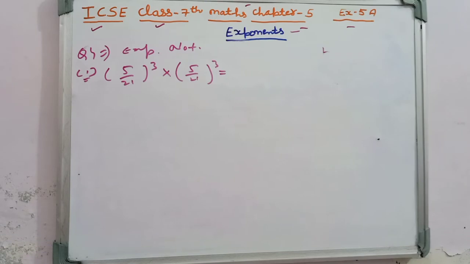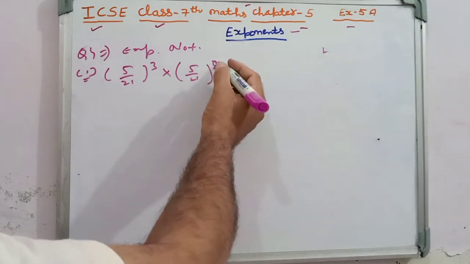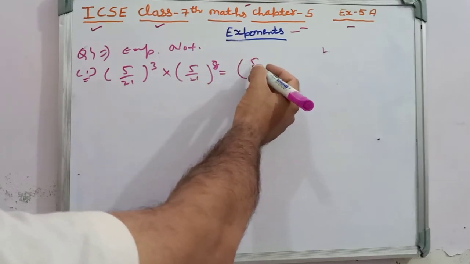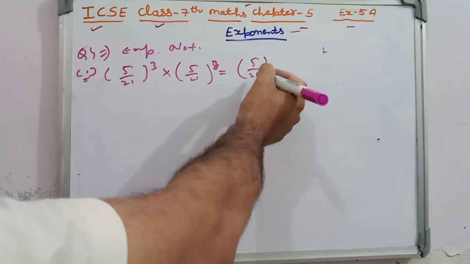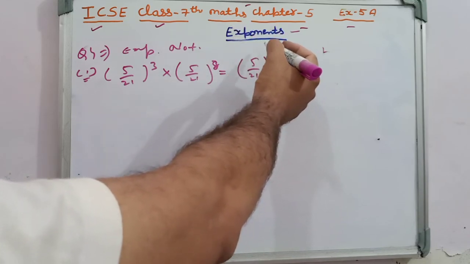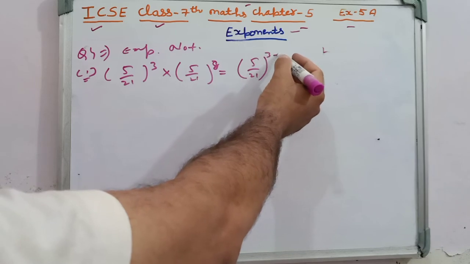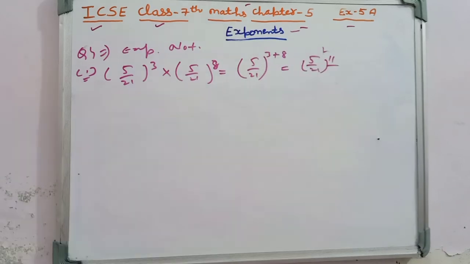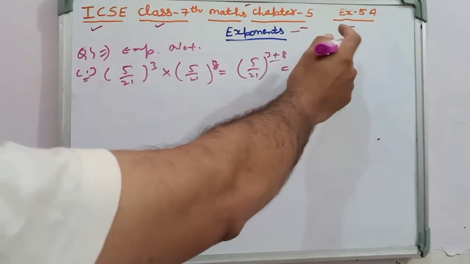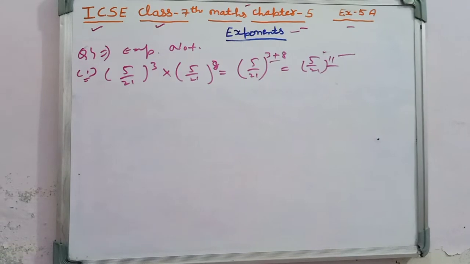Now see, sorry, this is 8. Base is same but powers are different. Remember the first law: when base is same, powers will be added. So this has become added.